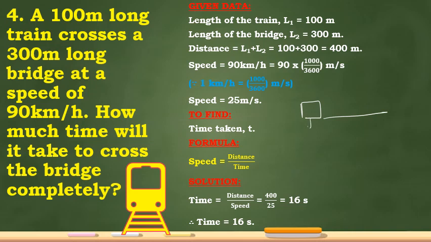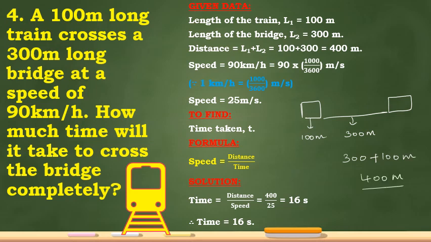So how much distance does it have to travel? It has to travel first the 300 meter, plus its own length, only then can it come out of the bridge. That means it has to travel 300 meter plus 100 meter, which is 400 meter.